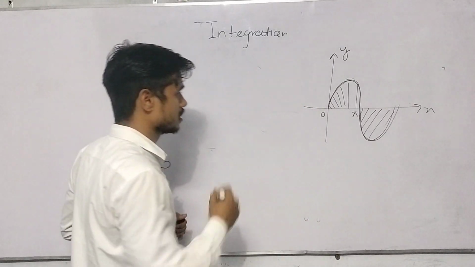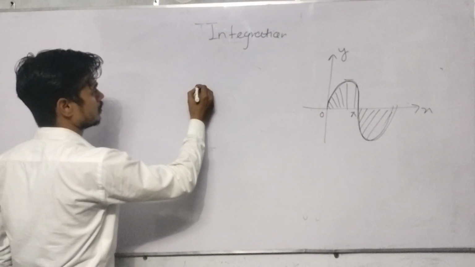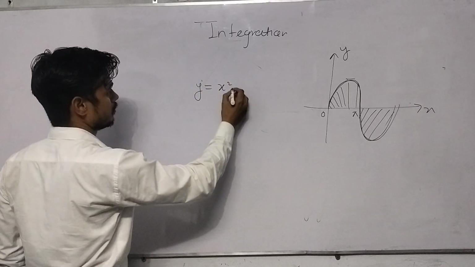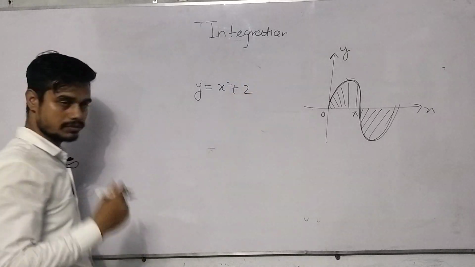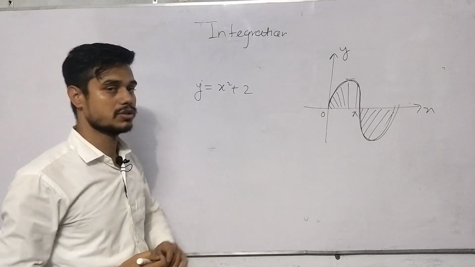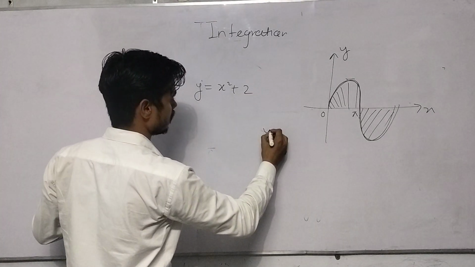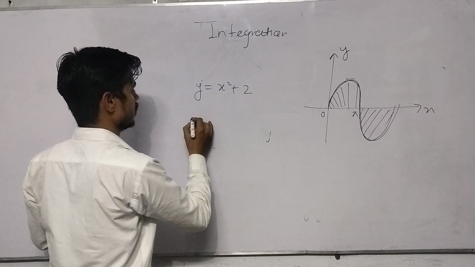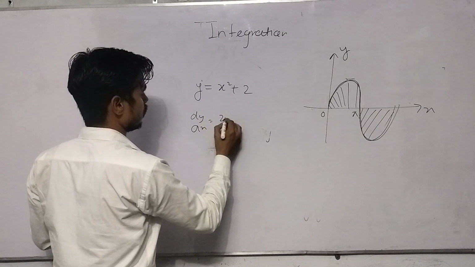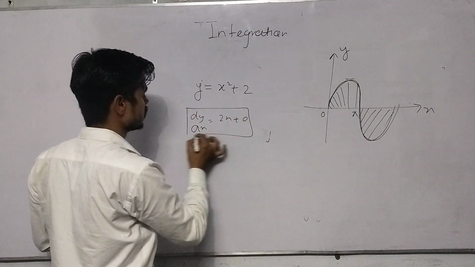One more thing, suppose that I have a curve y is equal to x square plus 2. This is my curve. So what is the meaning of the curve? Here dy upon dx is equal to 2x. This is the definition of this equation.